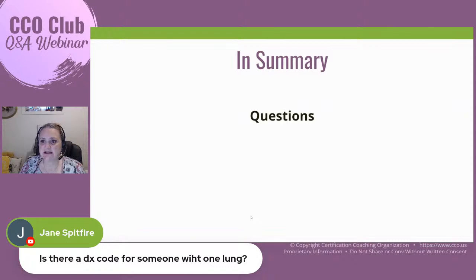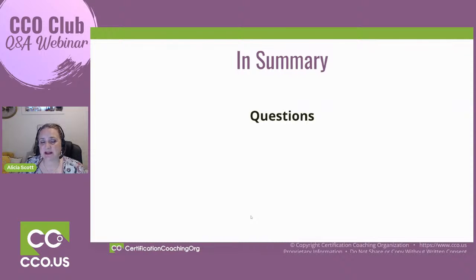Very good. Is there a diagnosis for someone with one lung? Is it genetic, or is there a code for acquired absence of a lung? Yeah, there is. If you ask me what that is off the top of my head, I can't tell you. But if they're born without a lung, it will be a Q code.